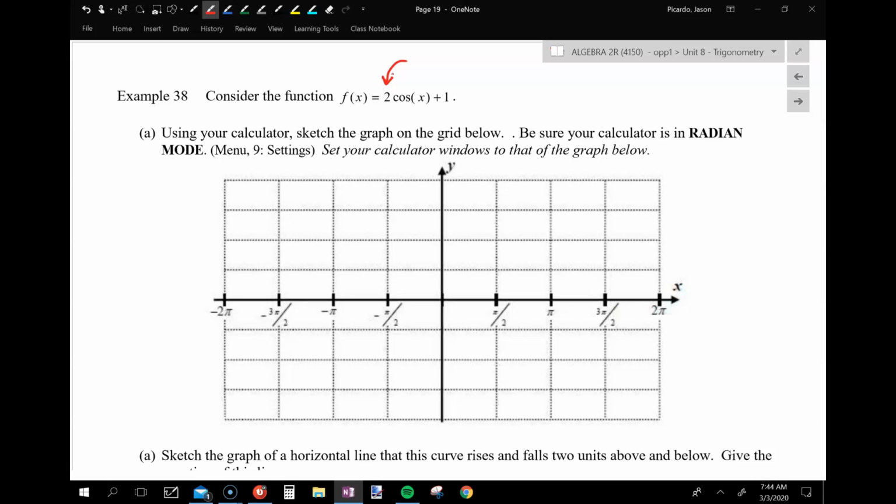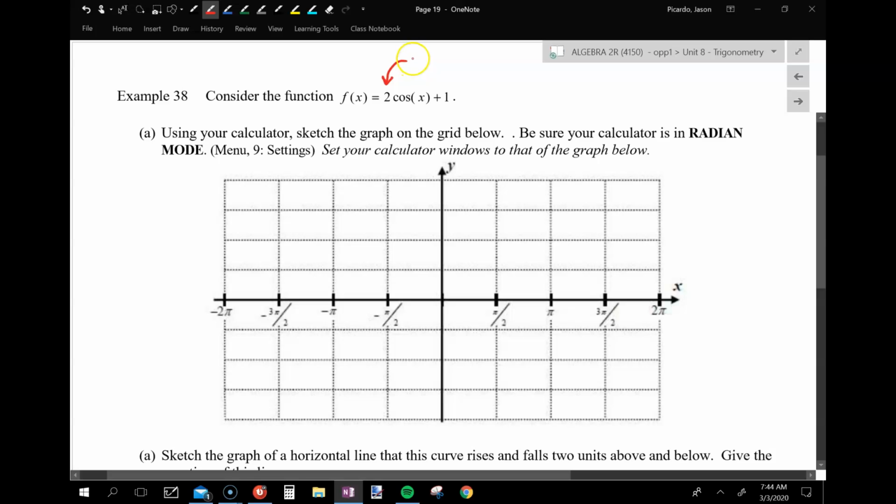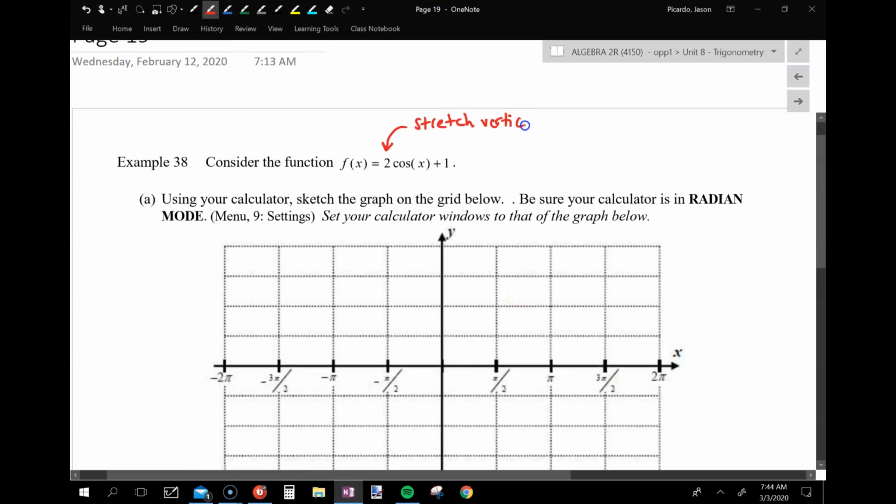It's going to stretch it, right? Stretch it vertically, okay? So this is going to stretch it vertically by 2. And this is going to shift up 1 unit.